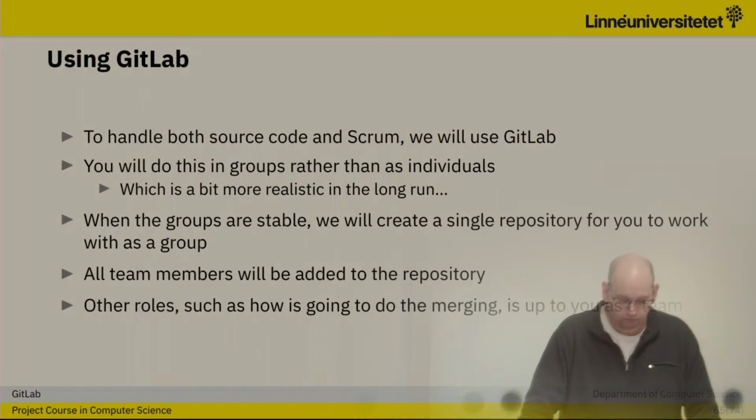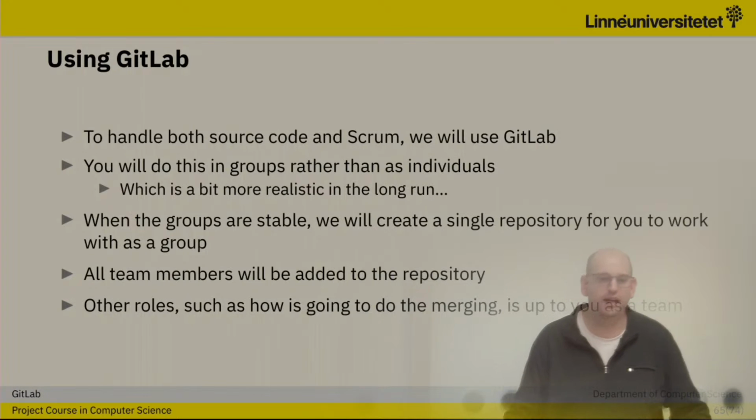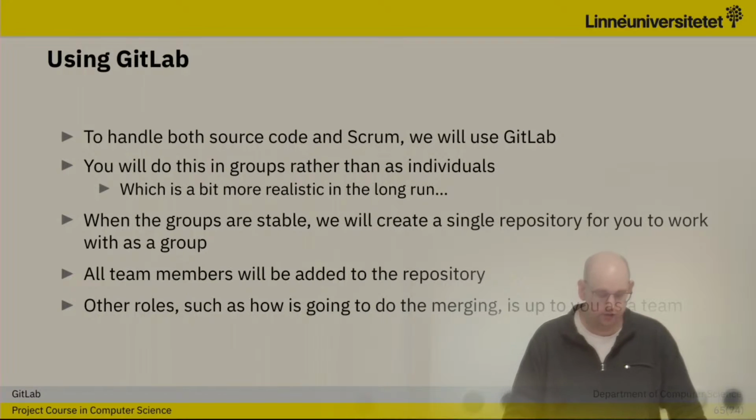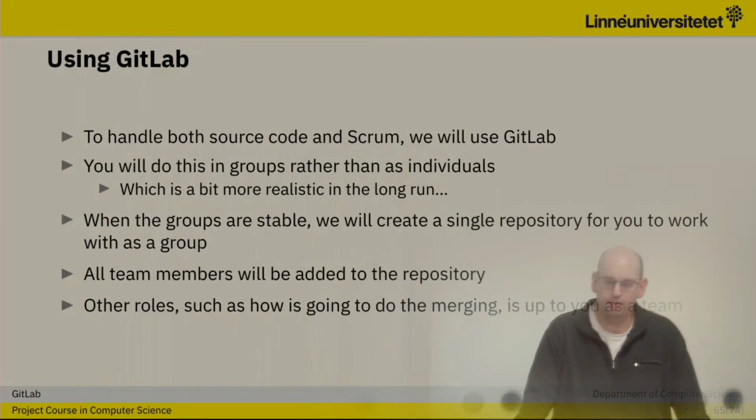And you are going to use this, and GitLab itself has a number of extra tools as its platform, so to say, to make handling Scrum easier. And those are the things that we're going to use.